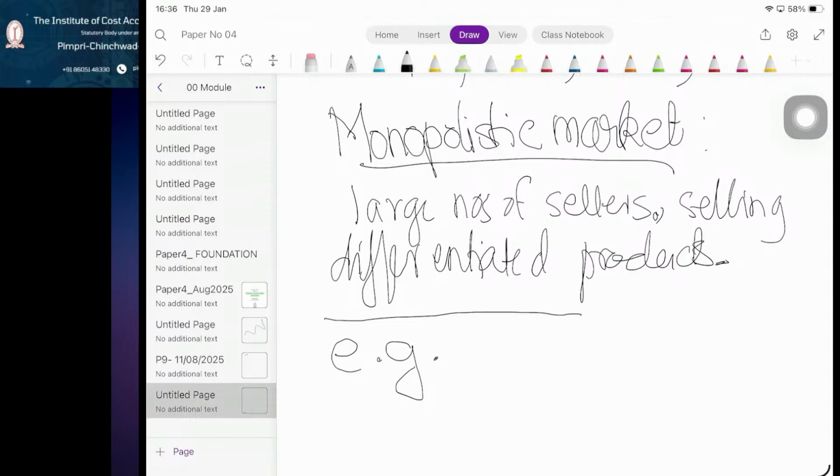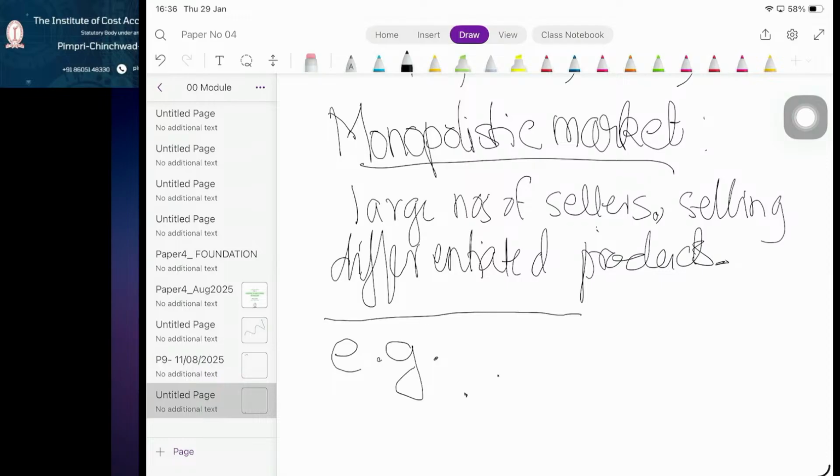Depending upon transport they have, they can even have more than that. So you have a very large number of sellers. Some restaurants may be offering Indian food, some continental, or they may be differentiated according to price. Somebody may be providing budget food, others may have a very good ambience and service, but then the charge will also be more. So each seller, that restaurant, is differentiating their product from the other sellers.